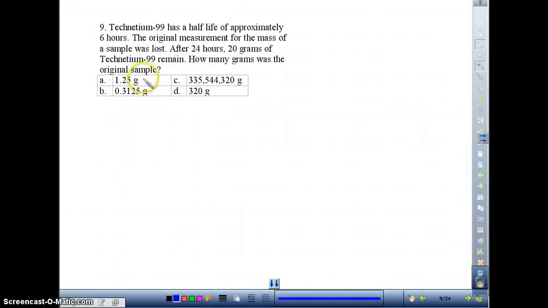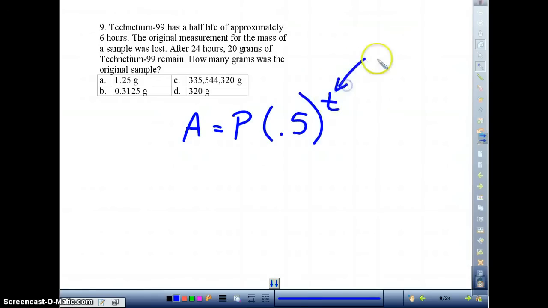Okay, now this is a half-life, so I need that formula. You got your notes handy? What was that formula for half-life? The amount at the end is the amount you started with, multiplied by 0.5 raised to the t. Now be careful. Right there, that's important. T is not time. T is the number of half-life cycles that the stuff goes through in the given time period.